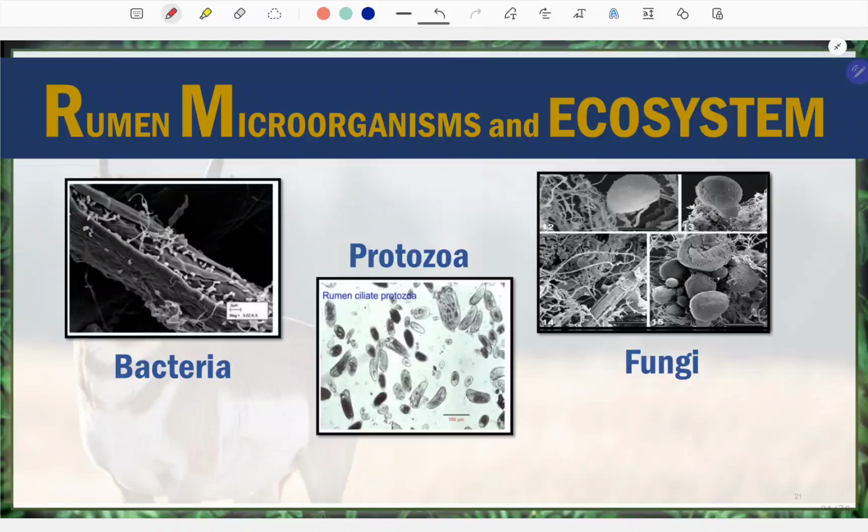Rumen microorganisms and the ecosystem in the rumen. Okay, rumen microbes can be classified into three big groups, the predominant microorganisms in the rumen. First is bacteria, with the highest population.